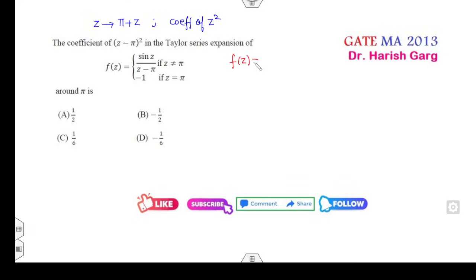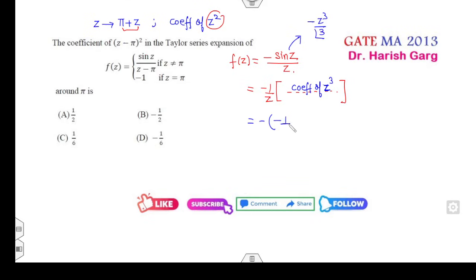so look at the firstly fz, sine of pi plus z lies in the third quadrant, it's a negative, sine of z divided by pi plus z, that's my z, then your target is to find the coefficient of z square, now you can see it's a 1 over z सीरीज एक्सपेंशन ऑफ द साइन जेड, तो यहाँ पे आपको 1 over z तो लिखा हुआ है, तो यू लुक ओनली फॉर द कोफिशिएंट ऑफ z क्यूब, फाइन, तभी तो z स्क्वायर बनेगा, बिकॉज 1 over z इज आउटसाइड, सो व्हाट इज द कोफिशिएंट ऑफ द साइन, कोफिशिएंट ऑफ द z क्यूब minus z cube over 3 factorial, so the answer is 1 over 3 is the right answer of the problem। So where is the 1 over 3?